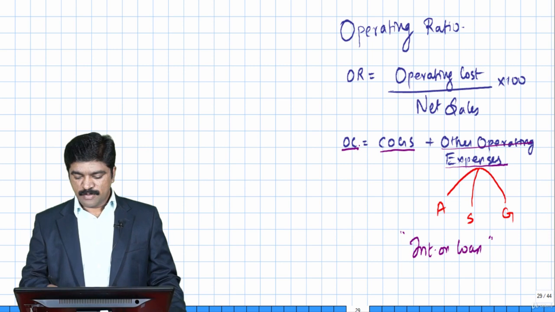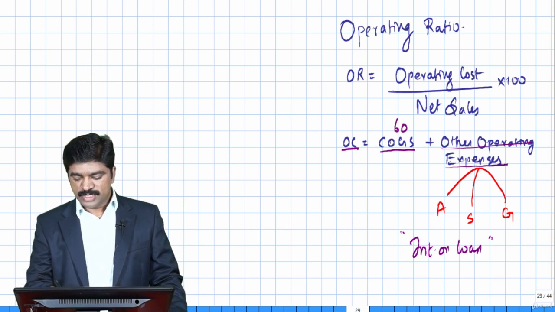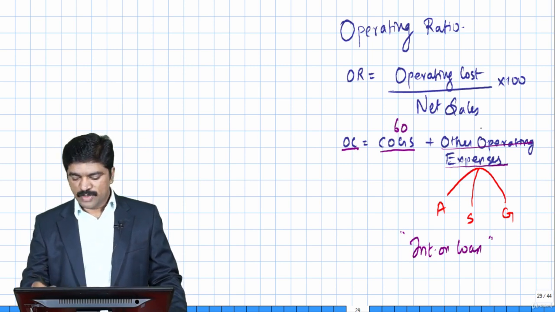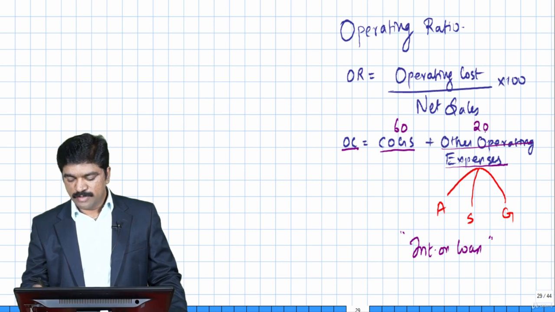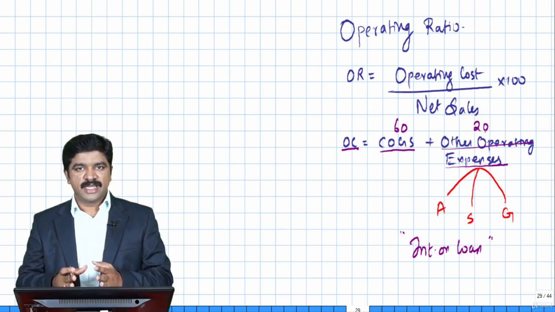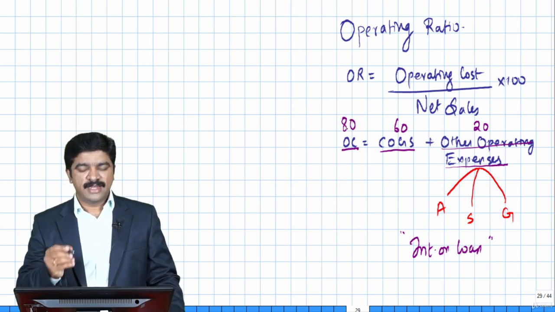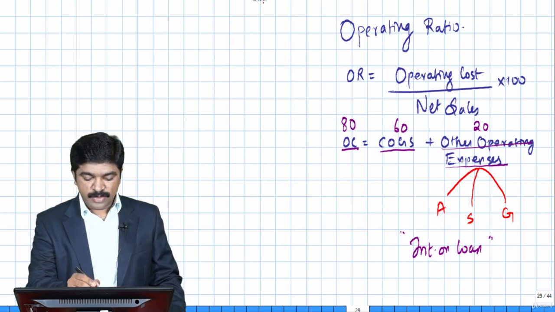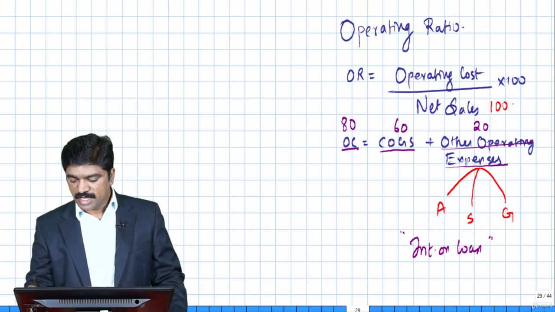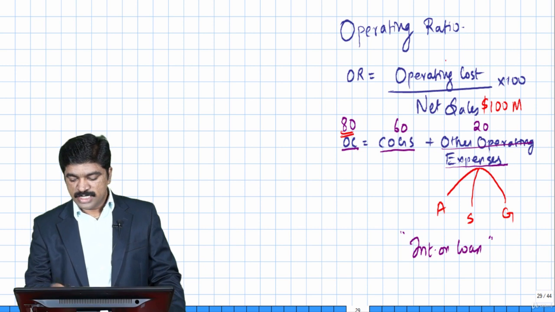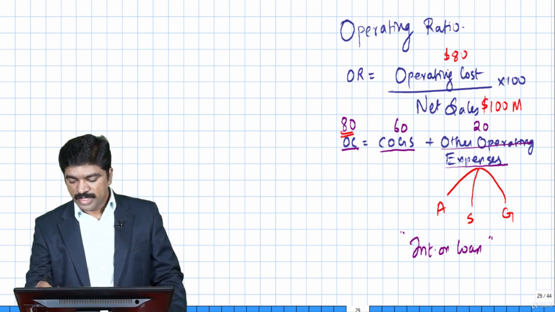Now just to give an example, let's say the cost of goods sold is $60 million and your other operating expenses are $20 million. So your overall operating cost is $80 million, and let's say your sales is $100 million.